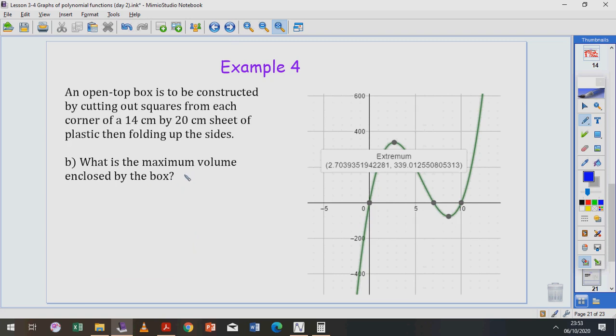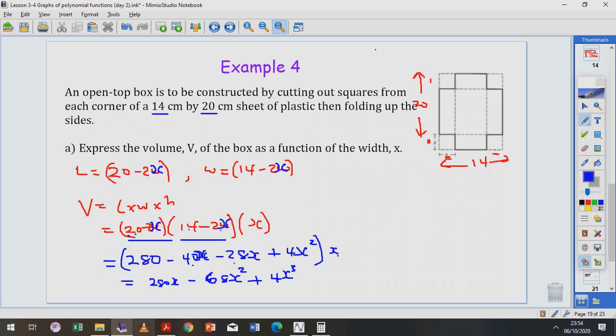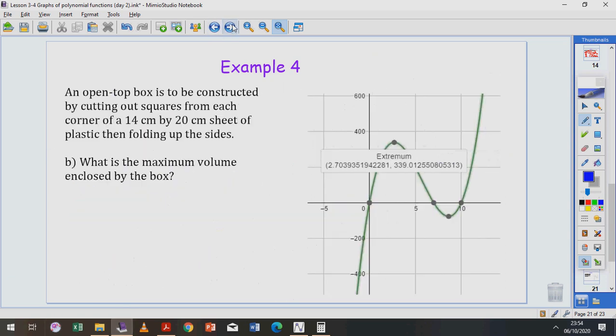What is the maximum volume enclosed by the box? To solve that problem, I would have to graph my function. I would have to graph the equation of the volume. So what I did is just to graph this. When I graphed this on a graphing calculator, it gave me this expression.